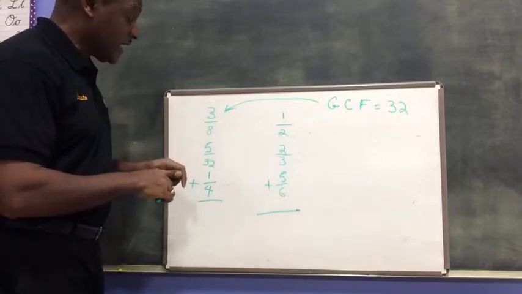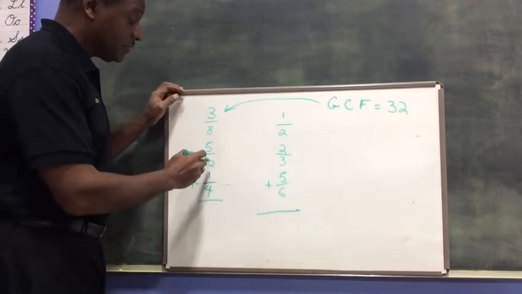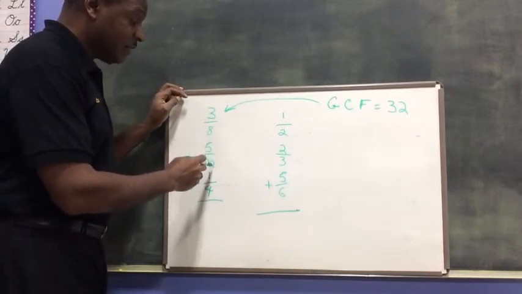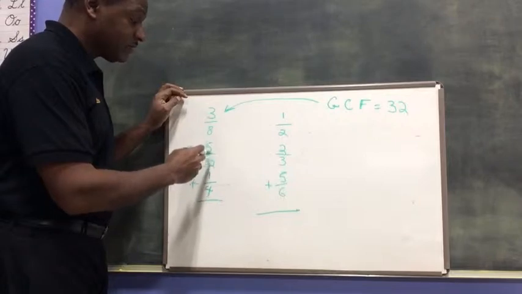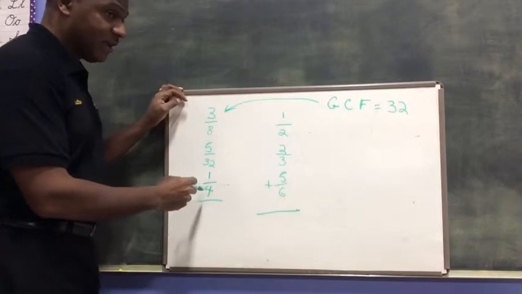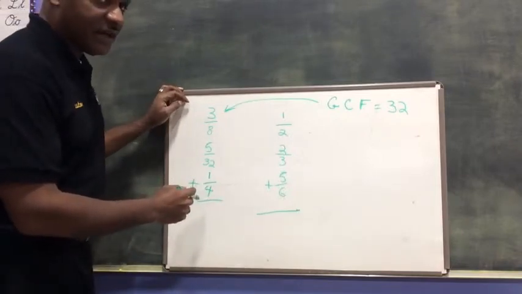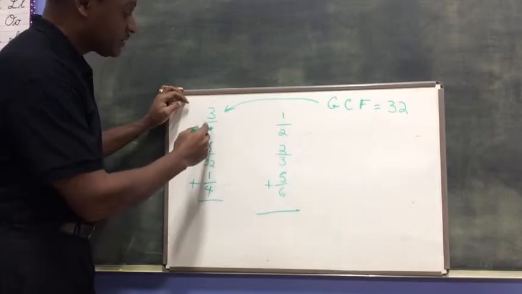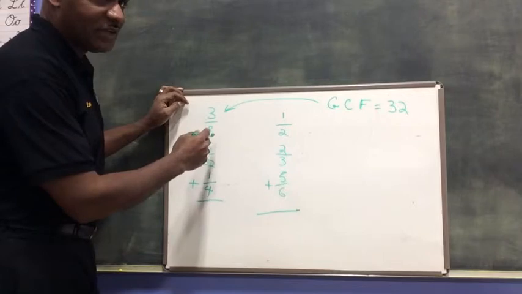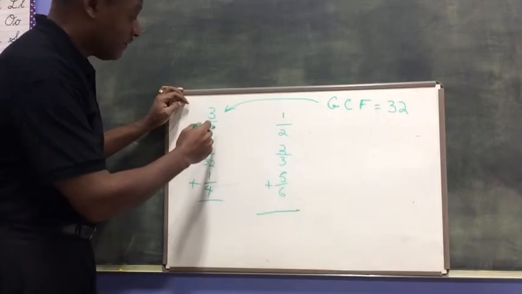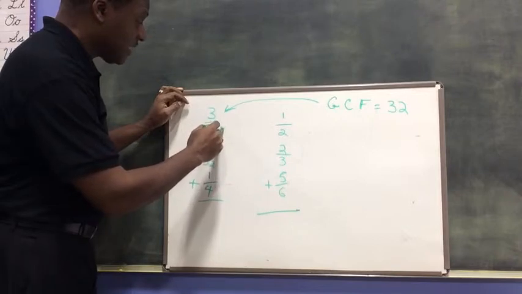We want to multiply the 8 times the same number that it would take to make it into 32, and also multiply the 4 times a number that would make it into a 32 as well. What number times 8 equals 32? Faith. 4. Okay, so we're going to multiply it times 4.